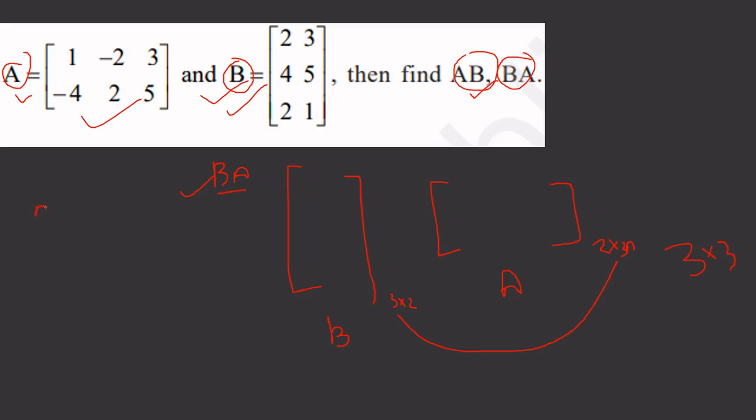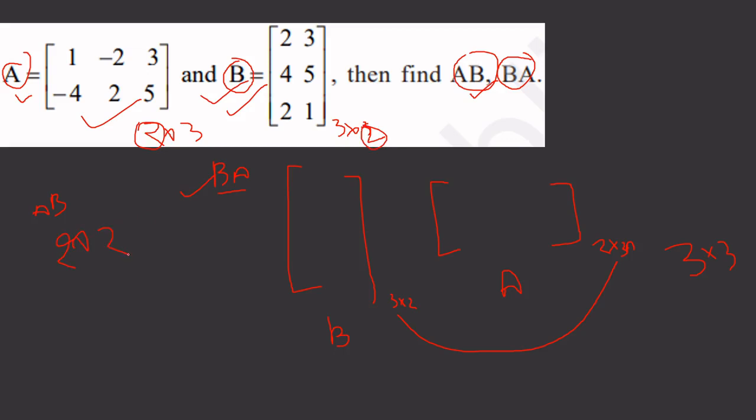If we multiply AB, then what do we get? A has 2 rows and 3 columns, and B has 3 rows and 2 columns. So we get 2 cross 2.